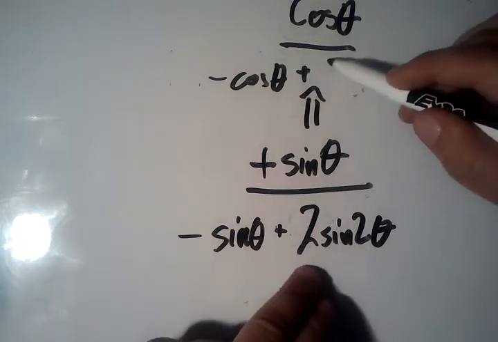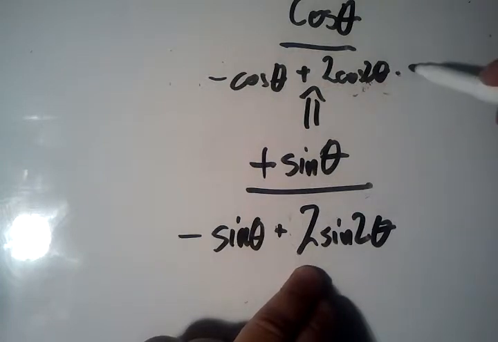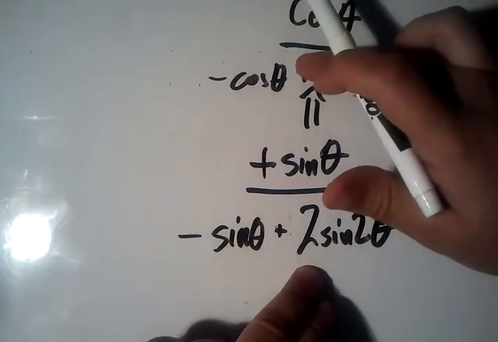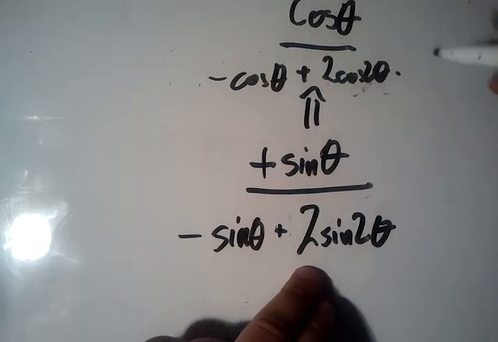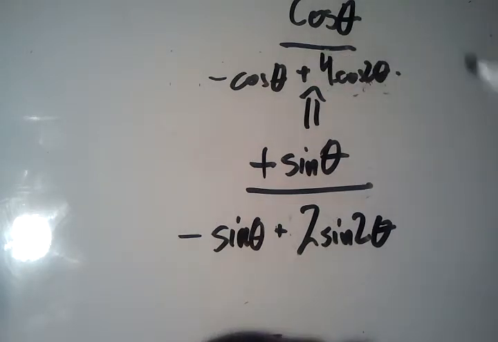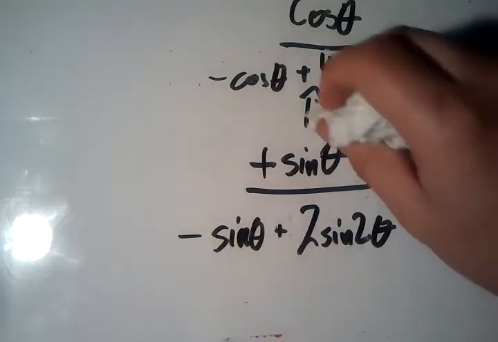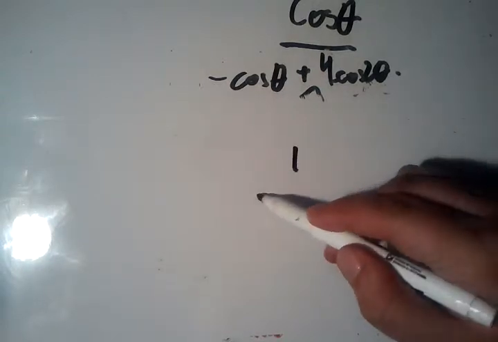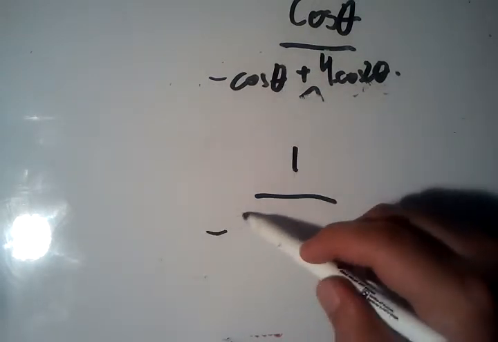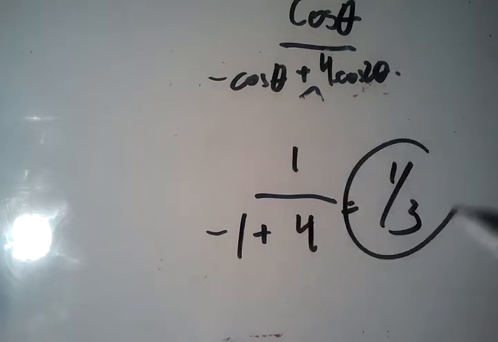So we're going to get 2 cosine 2 theta times 2, so it's going to give us 4 cosine 2 theta. Now plug in 0, and we're going to get 1 over negative 1 plus 4. So it's 1 over 3, and that is the final answer after repeated L'Hopital's rules.